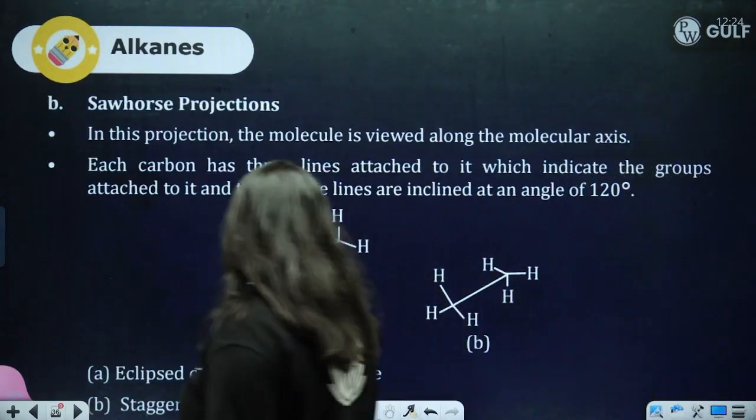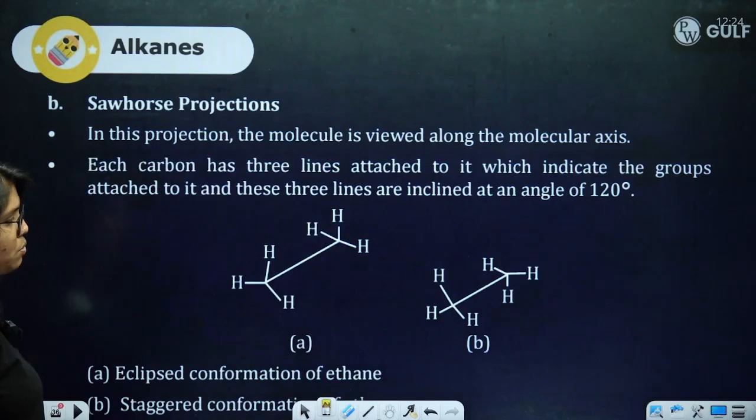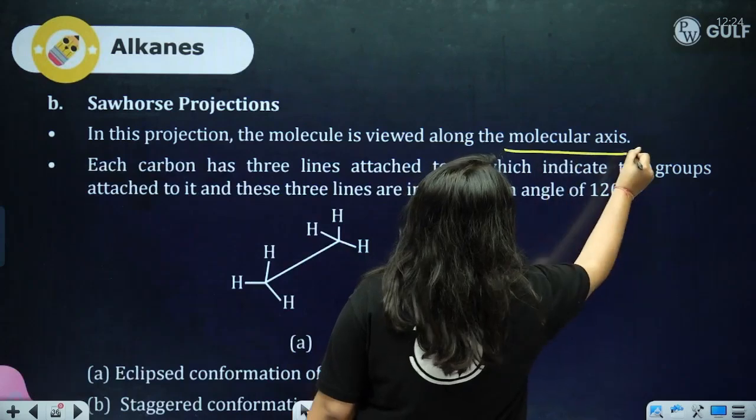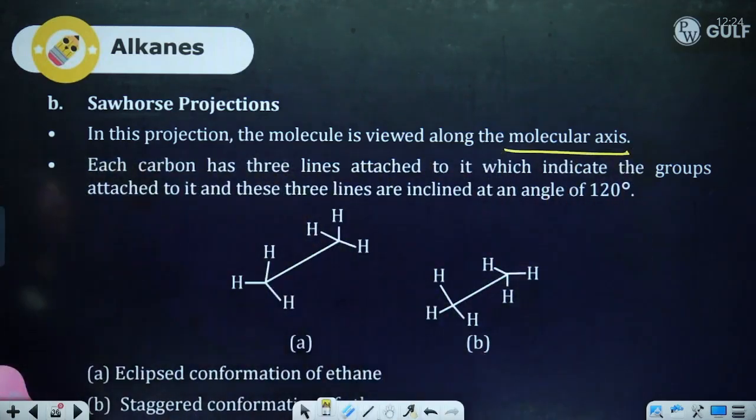Now, this is what Sawhorse projection looks like. It is viewed along the molecular axis, okay? And attached to it are three lines that are inclined at 120 degrees. This is what Sawhorse projection looks like, where this is eclipsed.